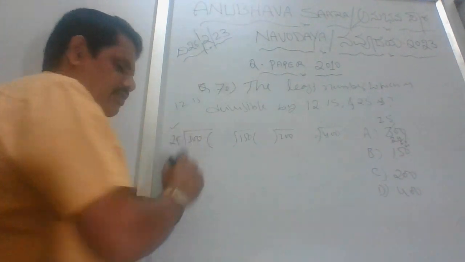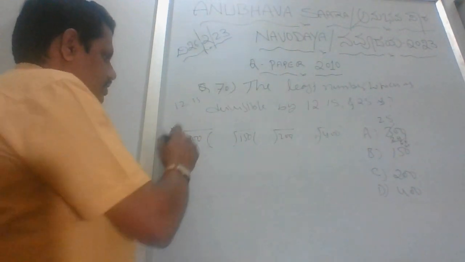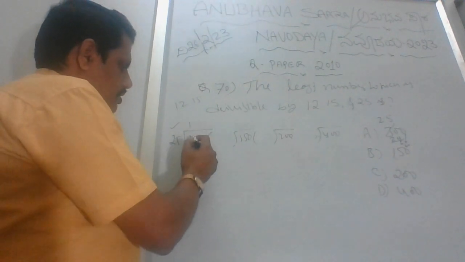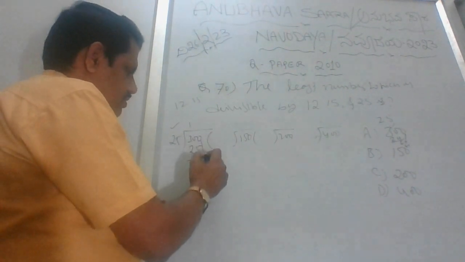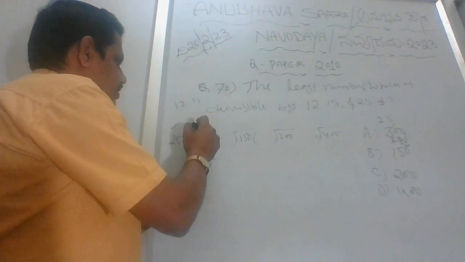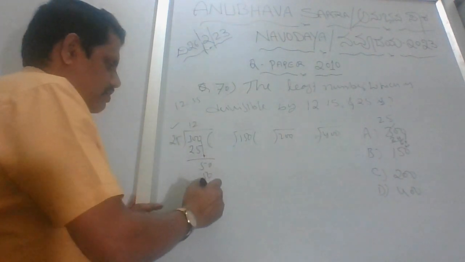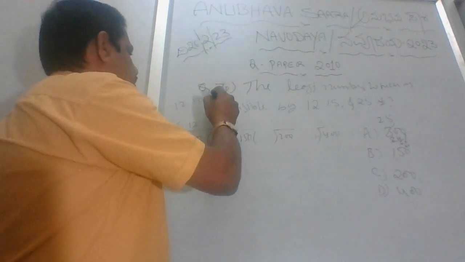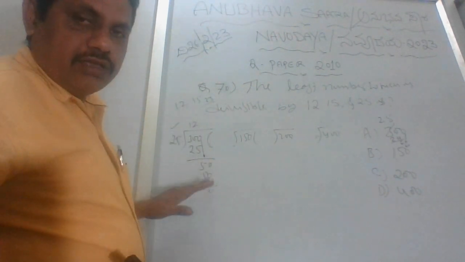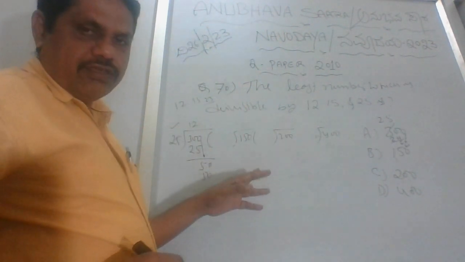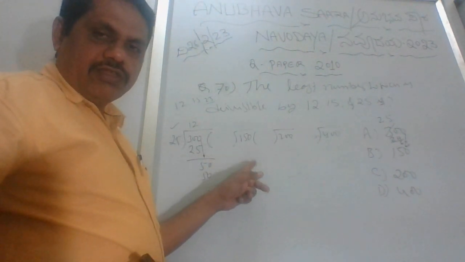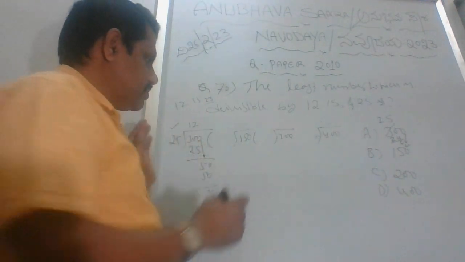So 25 will start. 25 ones are 25. So 10 minus 5 is 5. 0. 25 twos are 50. So here 15, 10 and 25. Three numbers are dividing clearly. But here we will see. Here the second one is correct, but the first one, the 12th, was a decimal. Fine.